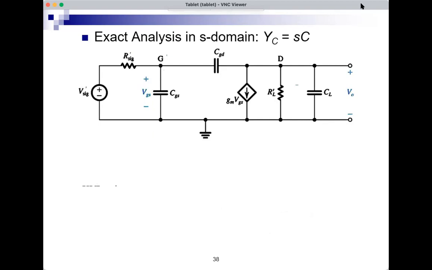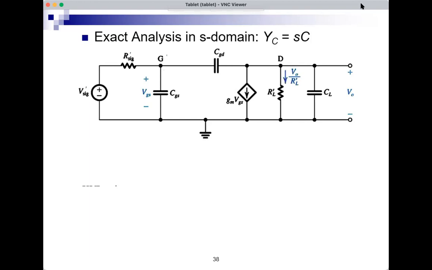Okay, so the capacitors become impedances. CGS becomes 1 over SCGS, or an admittance Y equals SC. So we'll write some equations for this circuit.